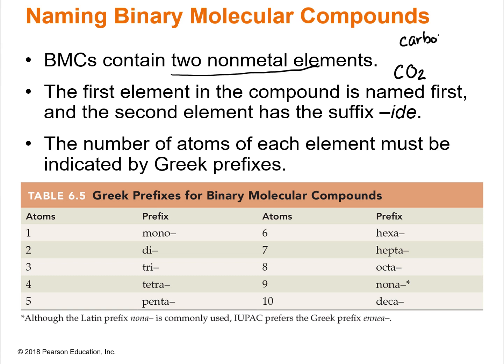The first element is carbon. We have 1 of those. You would think, hey, I should put monocarbon there. You don't. That's the only exception. If there's only 1 of your first element, you don't use mono. You just put the name of the element.